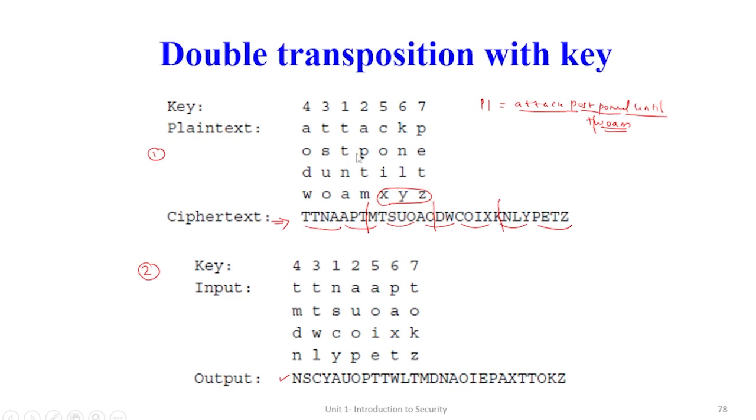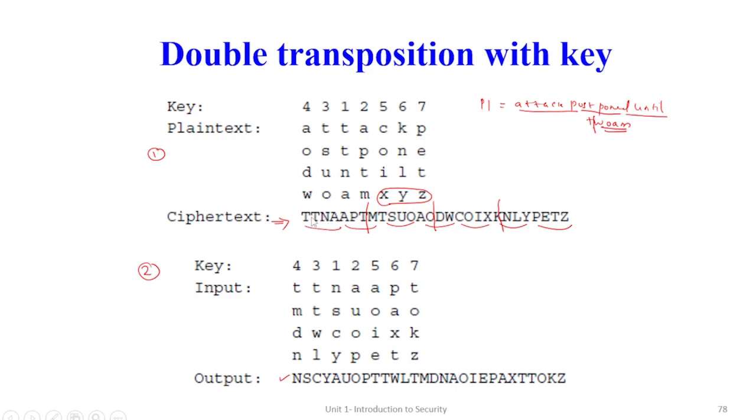If you do the same operation 2 times, then that transposition is called double transposition. So after one transposition, I retrieve this ciphertext. Then I do it once again. So you should take the first 7 letters and arrange them at the first row.